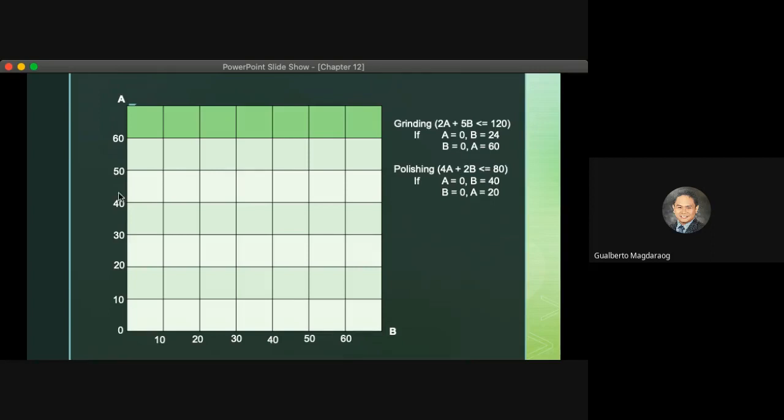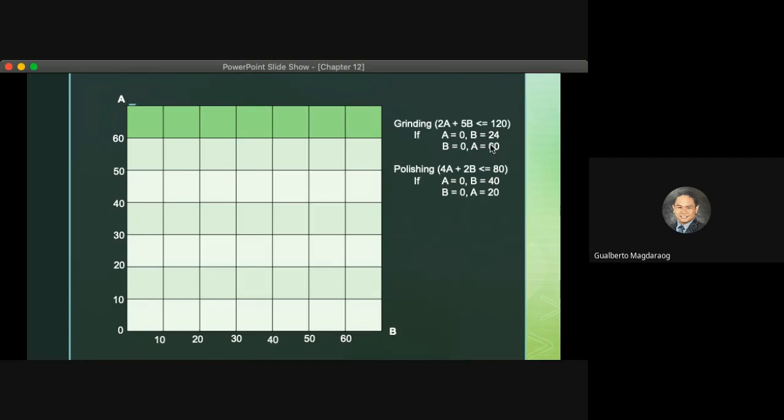So if the y-axis is A and the x-axis is B, to find out the point for B, we will assume that A is 0. So if A is 0, 2 times 0 is 0, plus 5 times B is equal to 120. So you need to divide 120 by 5 to get 24.